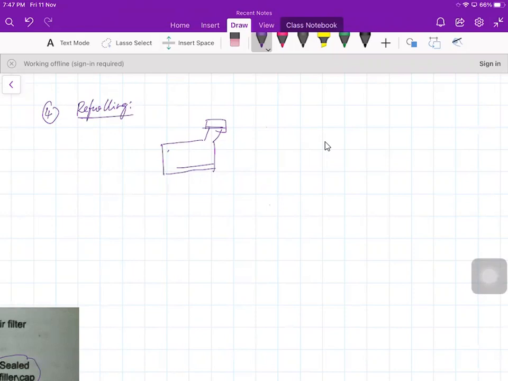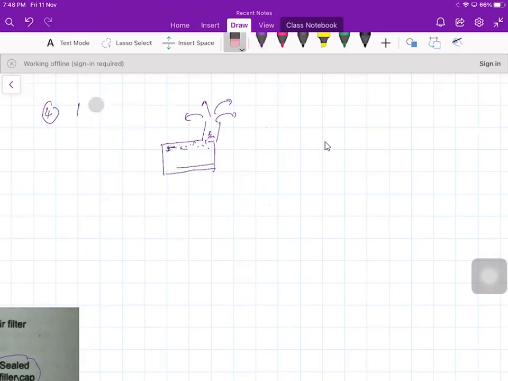So that fuel in vapor form will be stored in the periphery, the top, isn't it? Now when you go for refueling, you will open this cap. Once it is open, it is exposed to the atmosphere and the vapor comes out of the cap. This is how the refueling is contributing to these losses.